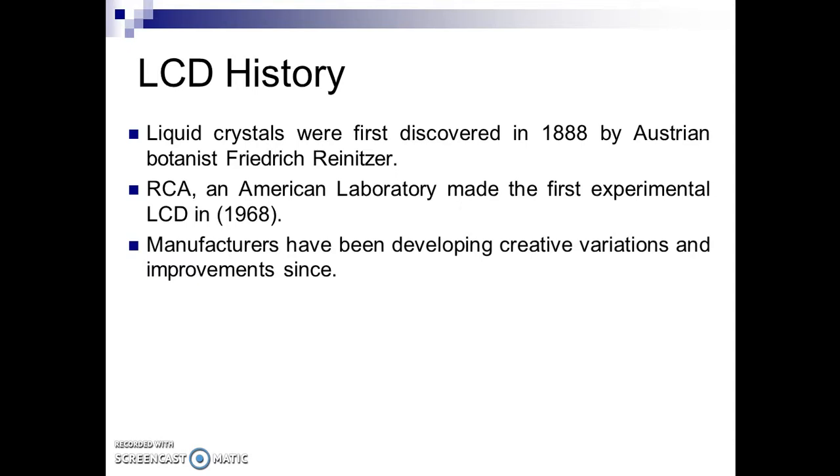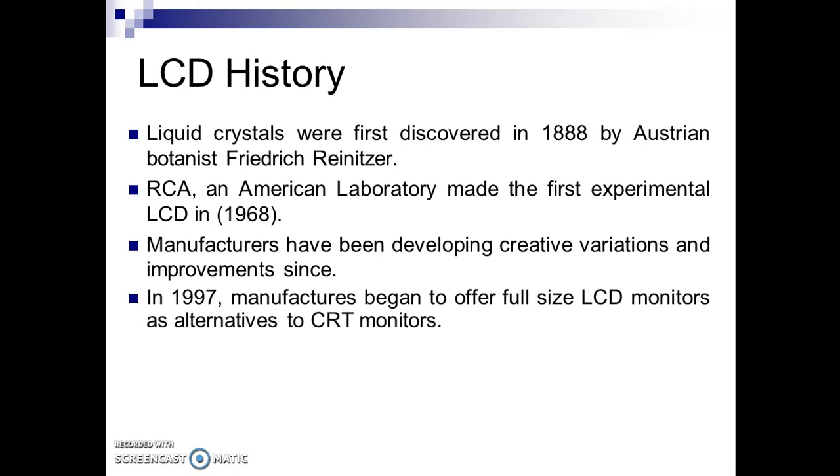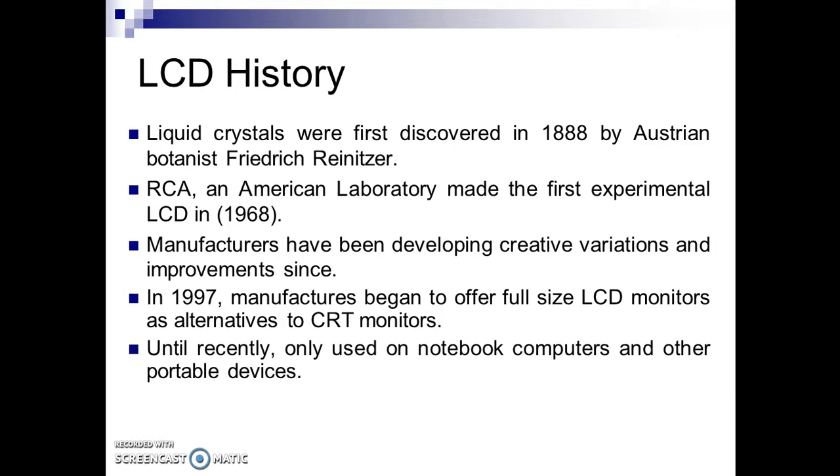And quickly people saw the utility of this, and improvements have been moving pretty quickly in that 50 years. So around 1997, manufacturers began to offer full-size LCD monitors as alternatives to cathode ray tubes. But until recently, it was primarily on notebook computers and other portable devices that you'd see them.